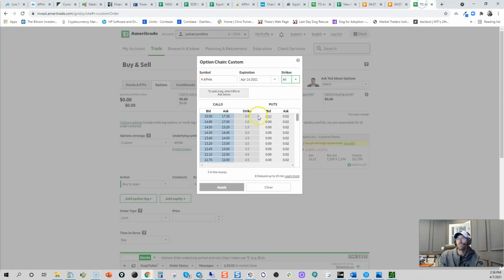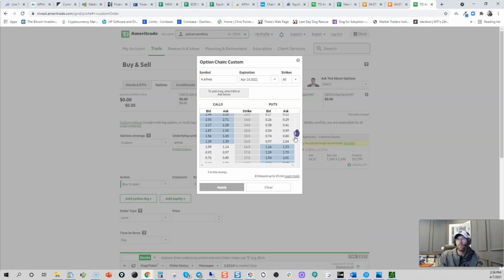All right, so right here, we're going to end up buying a call and buying a put at $16.50 because that's the closest to real price. So this is my strike price in the middle. I'm going to go ahead and scroll down to where we have, you can see how right here at $16, in between $16 and $16.50, that is the nearest to current price.